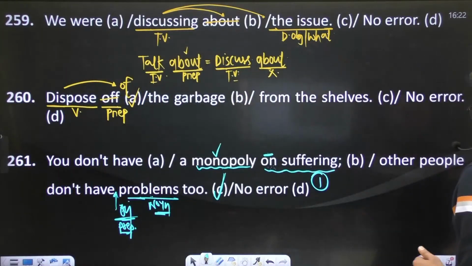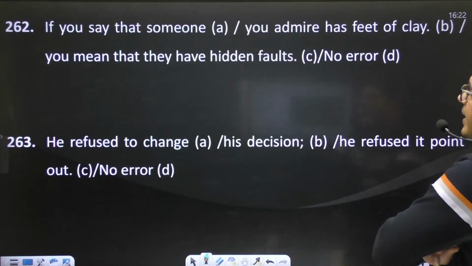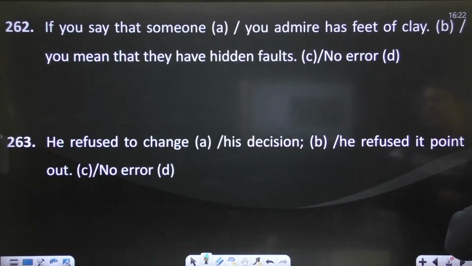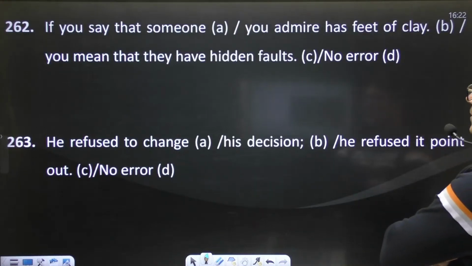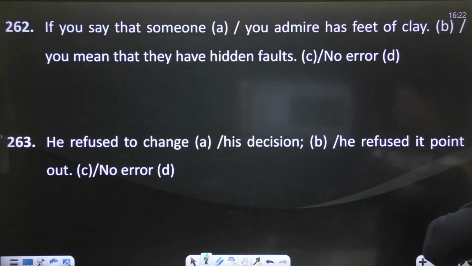Okay. Next question is what? If you say that someone you admire has feet of clay, you mean that they have hidden faults. What do you think of the next sentence?